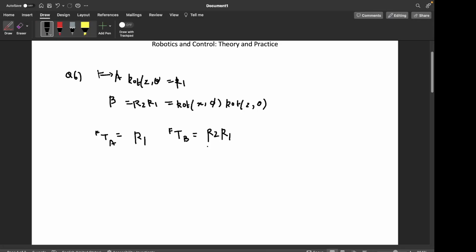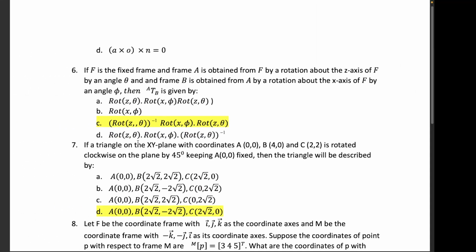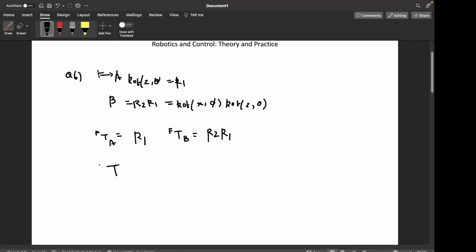Now what we are asked in the question is, what is the transformation matrix from A to B?